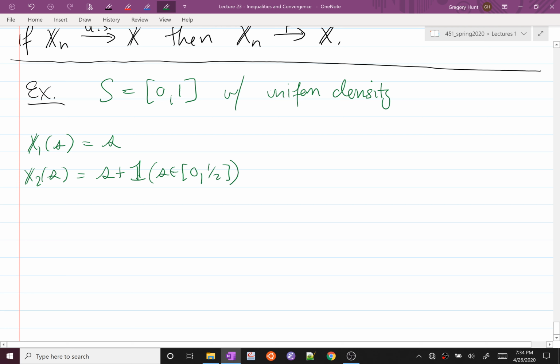So it's s plus 1 if s is in 0 to 1/2, or s if s is in 1/2 to 1.